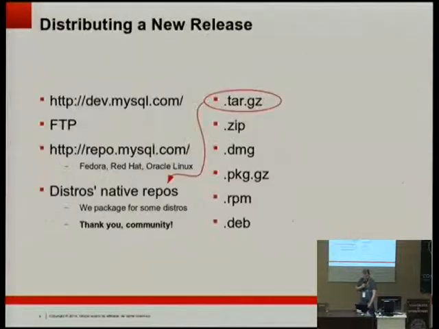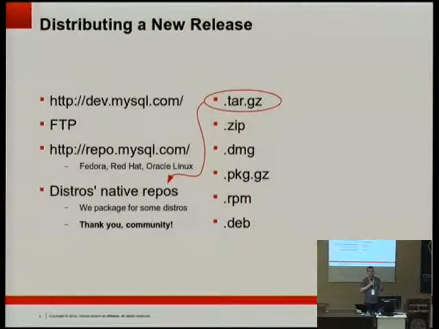And we distribute our server. I'm going to talk most about the server now. We distribute it in a lot of file formats for Windows, Mac OS, Solaris, and a lot of Linux distros. We publish these RPMs and tarballs and everything on dev.mysql.com, where we have our download page. They're also on a lot of FTP servers and mirrors out there.